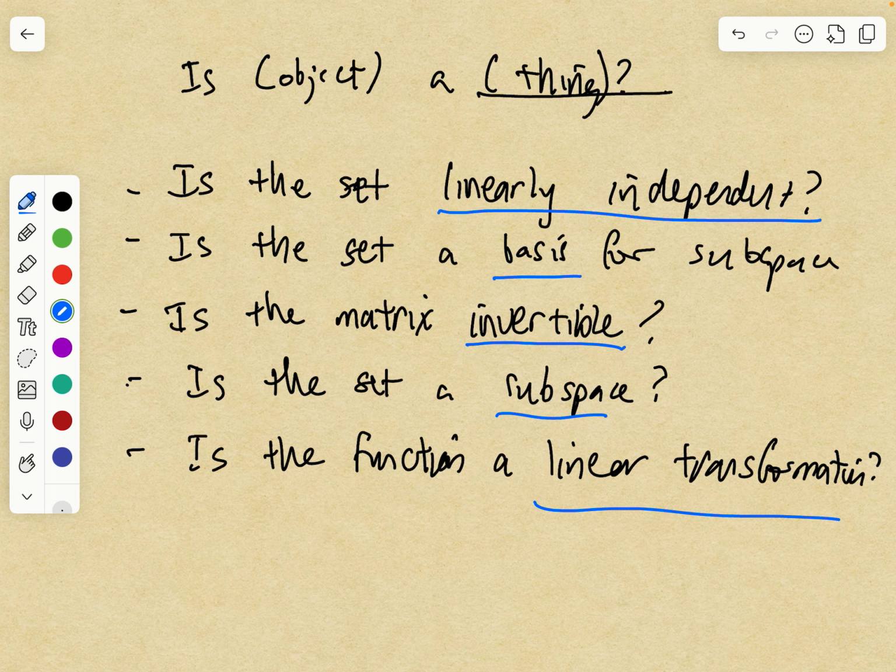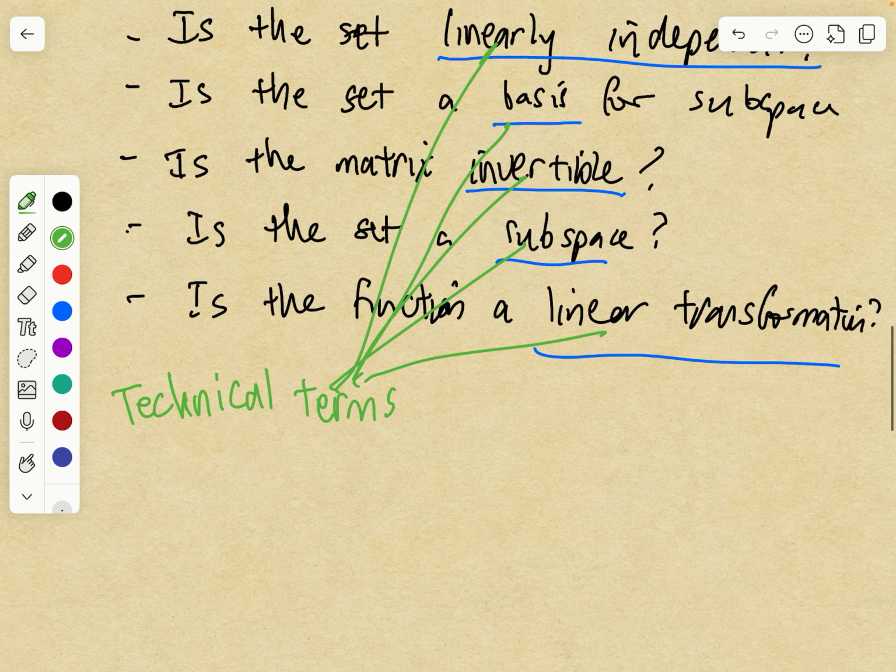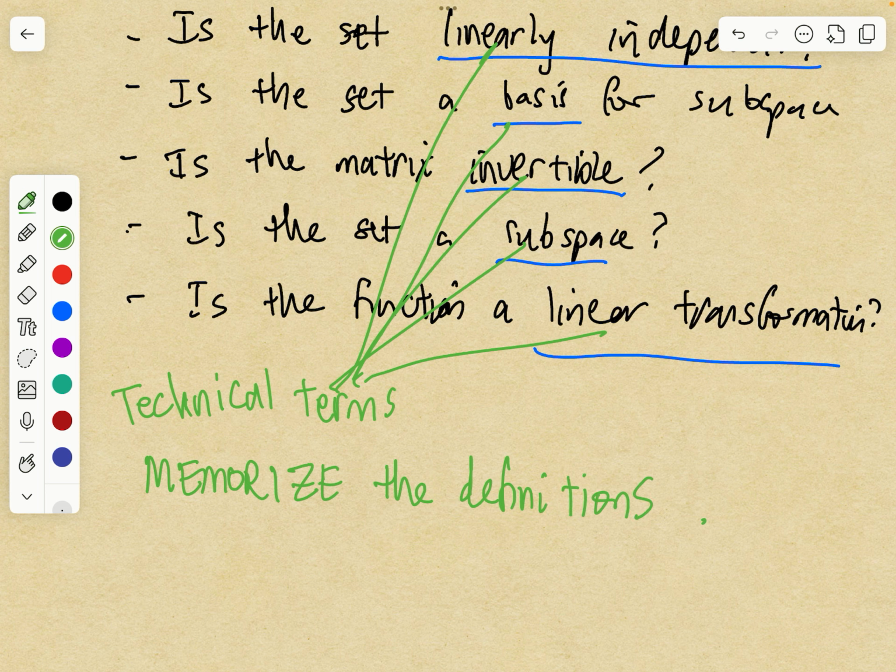The point is that these are all technical terms. They're not used in the sense of just ordinary, everyday English, right? They have precise technical meanings, and so you should memorize exactly what these words mean. Memorize the definitions. Okay?